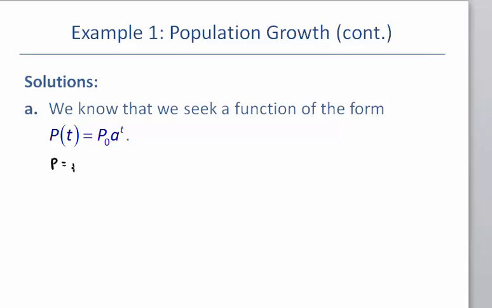P is the population. T is the time. P sub 0 is the initial population. It is what you start with. And the A is going to be a constant.